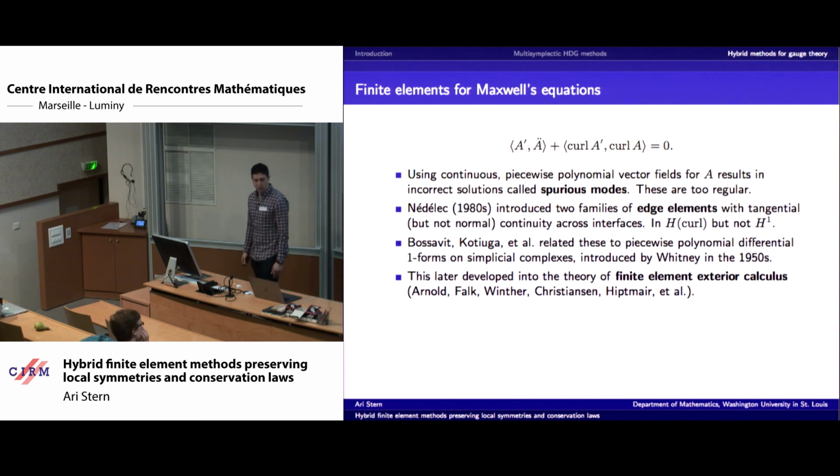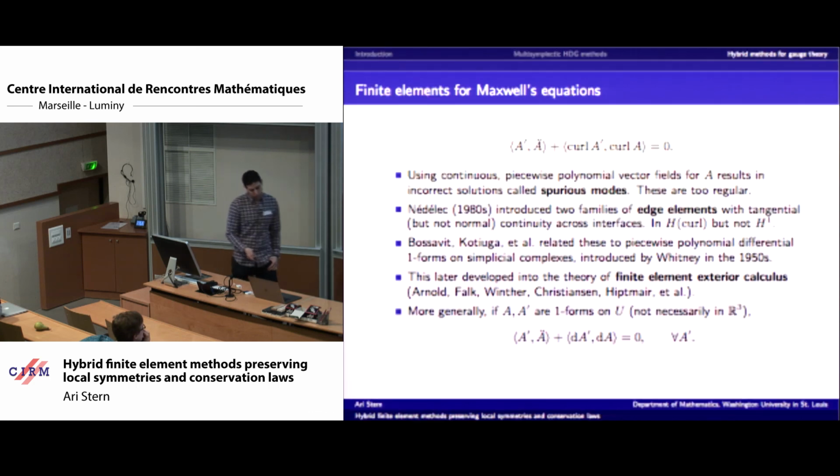This was later developed by various folks, including Arnold, Falk, Winther, also Snorre Christiansen, Ralf Hiptmair, and others, into what's now called finite element exterior calculus, which is a way of doing finite elements for problems involving differential forms.